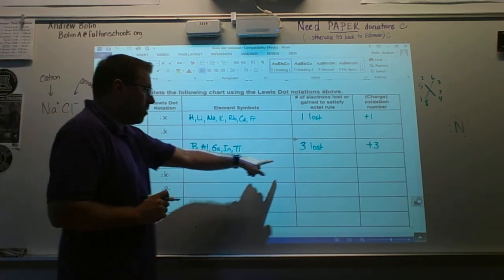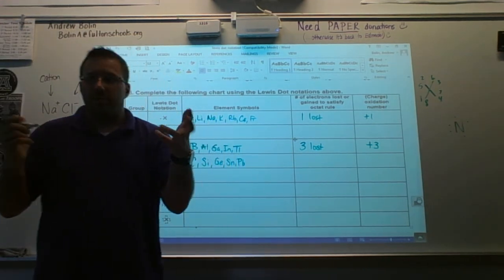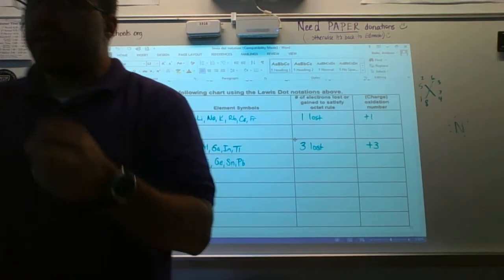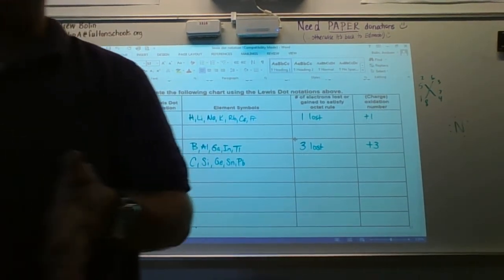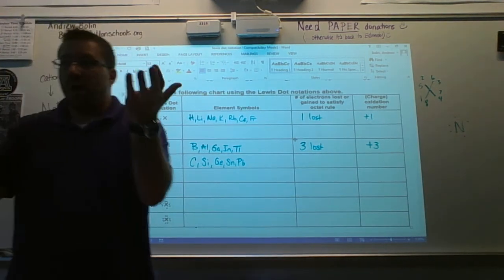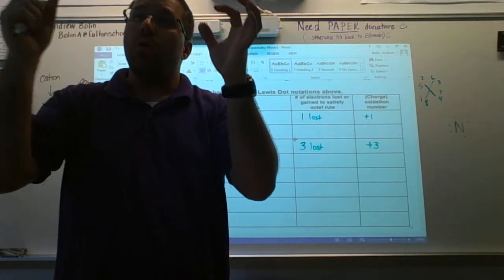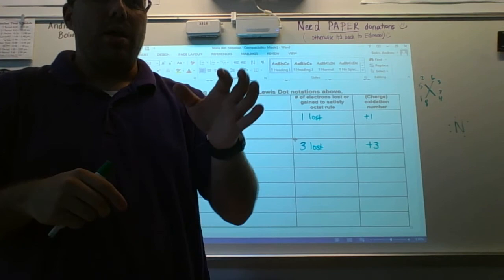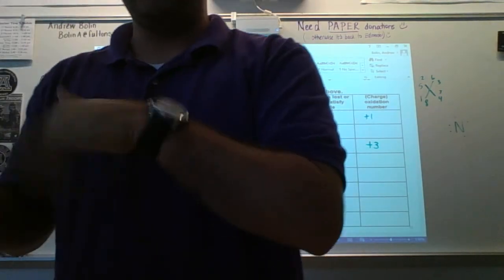So this is asking you, first of all, we have 4 valence electrons. Is it easier to lose 4 or to gain 4 to get that octet rule satisfied? You can kind of go either way. So what I'm going to tell you here is that it's not really the loss or gaining of electrons.